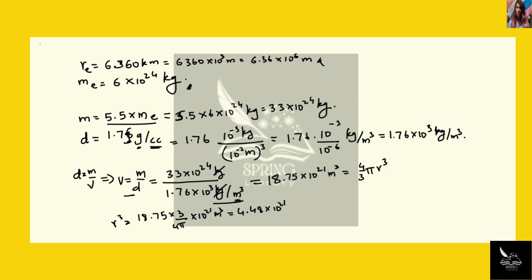Now, hence r would be 4.48 into 10 power 21 whole power 1 by 3, the cube root, which turns out to be 1.65 into 10 power 7 meters. This is the radius of the new planet.